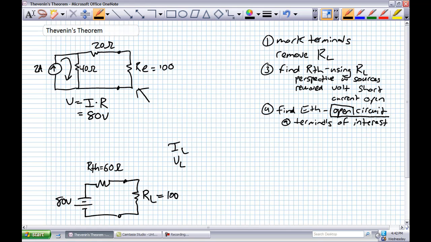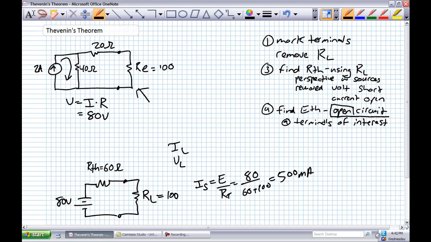So here I am, just kind of waiting for you to even start simplifying your circuit. I'm going to give you a little head start, and here I'm going to go ahead. My source current is equal to my applied voltage divided by my total resistance. What's my total resistance? 80 volts applied voltage, 60 plus 100, 500 milliamps.